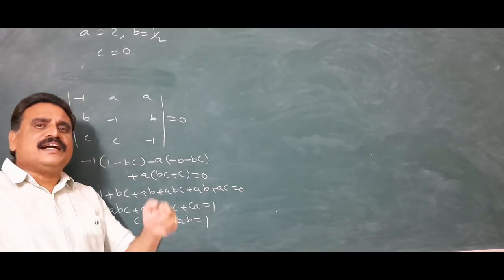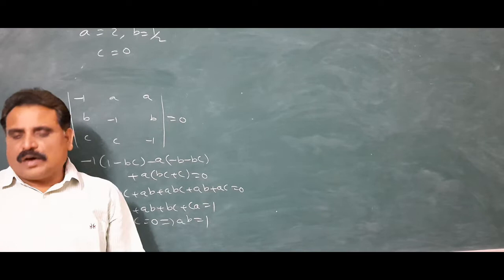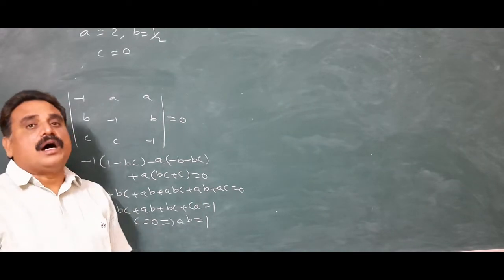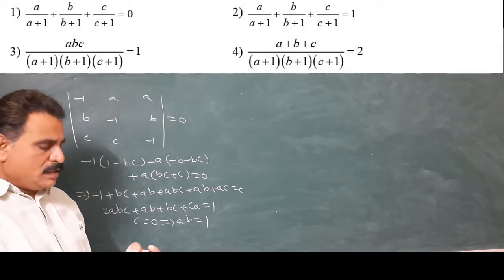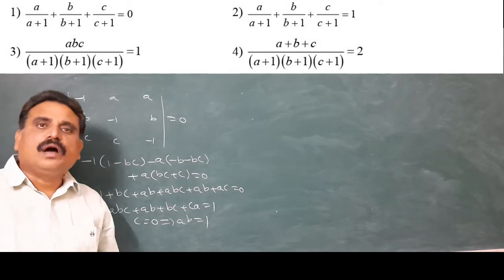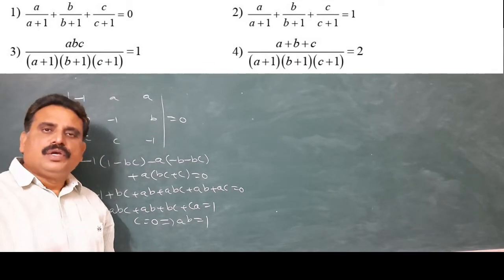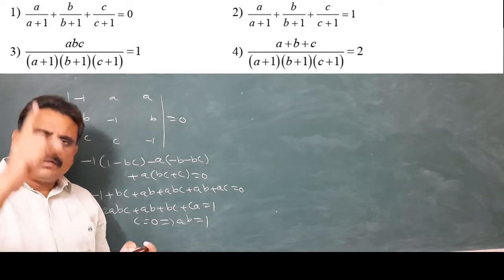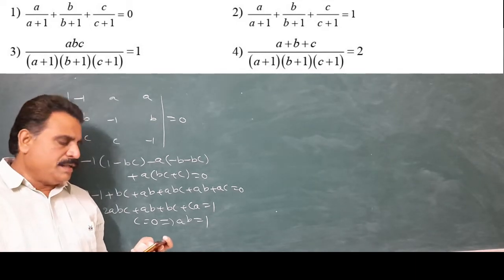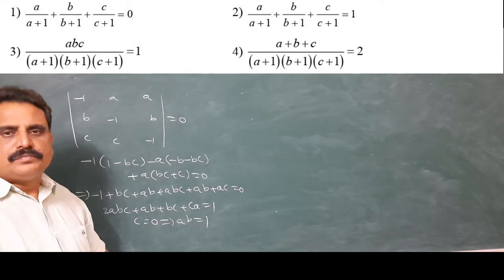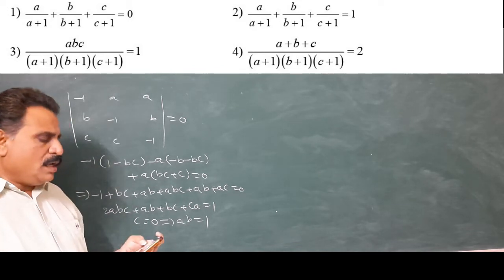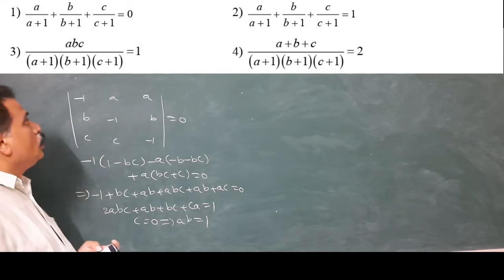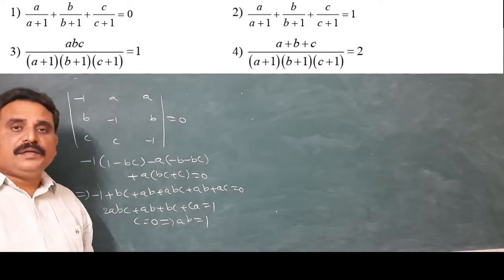Which option satisfies this? You check that. Now we are going to the verification of the options one by one. First option is wrong because C is 0, while A and B are positive, but here it is equal to 0. That is wrong. Second, C is 0. Okay, third term leave it. A by A plus 1, A is 2, so 2 by 3.